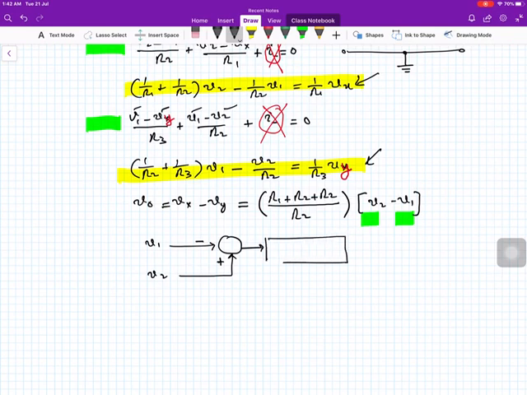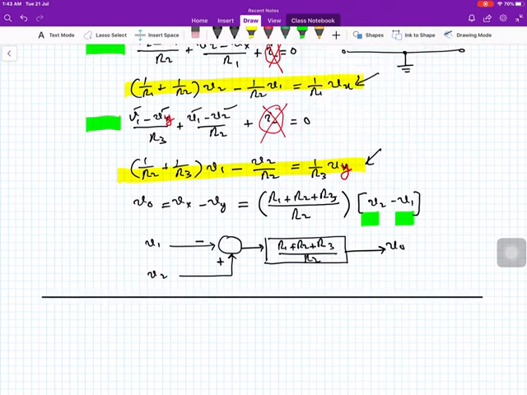This is the gain: R1 plus R2 plus R3. Sorry, this is R3 divided by R2, and this is our VO. This block diagram represents the circuit and the operation performed by this circuit.